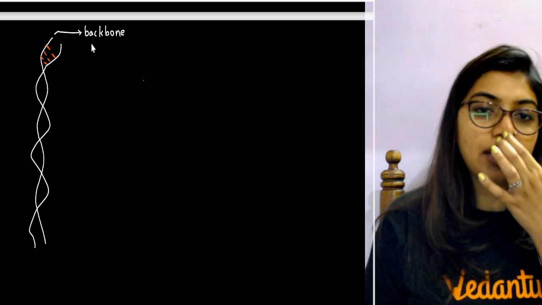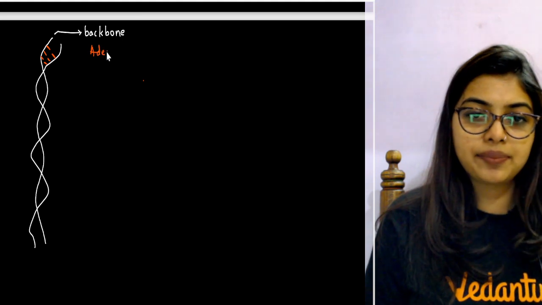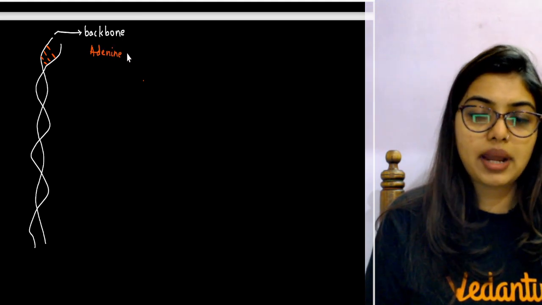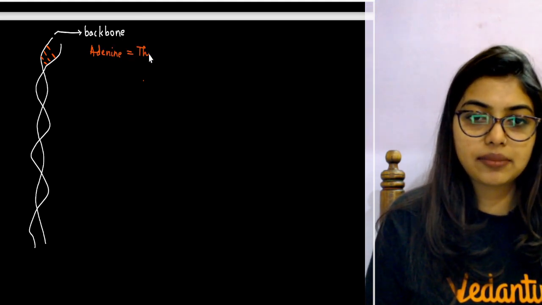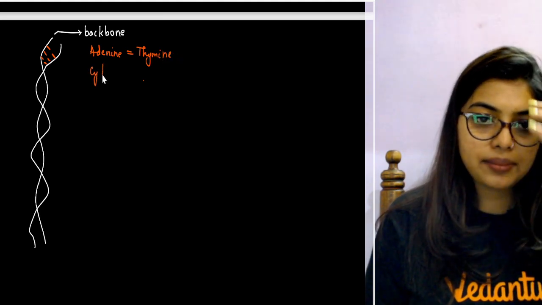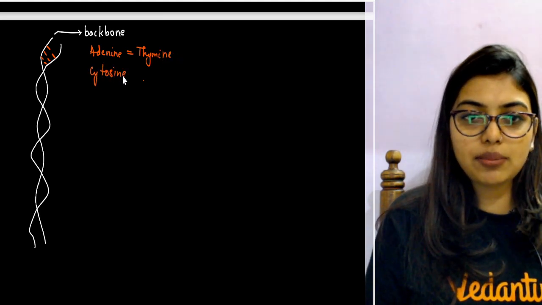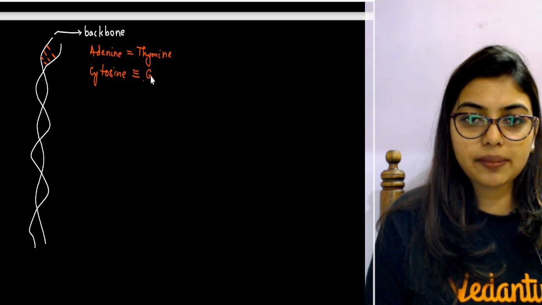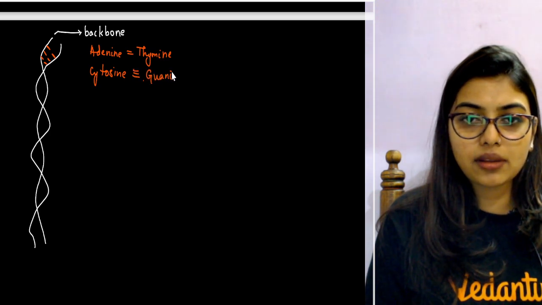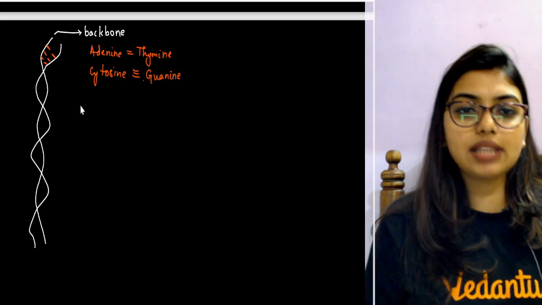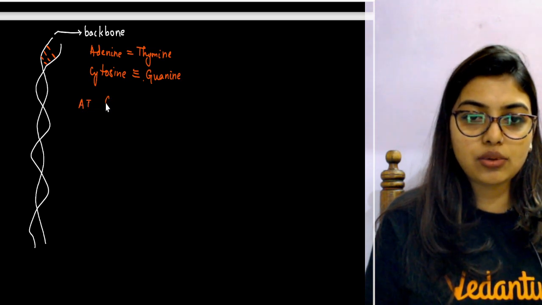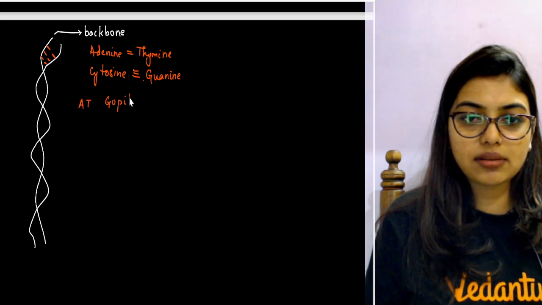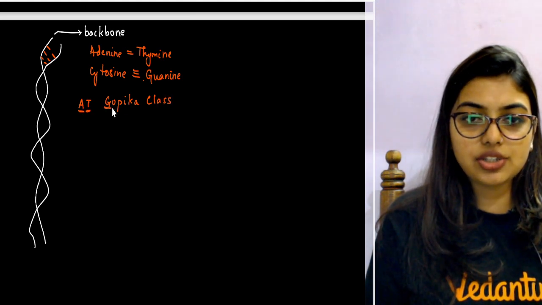Remember that adenine will bond with thymine. Same way, cytosine will bond with guanine. I make a trick to remember this: Gopika ma'am's class. Why? AT, adenine thymine, GC.